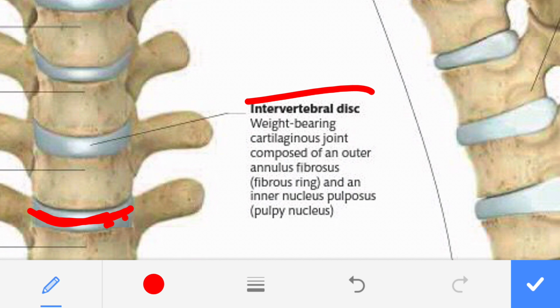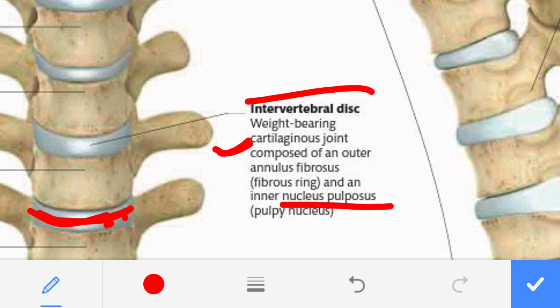Why is it able to bear the weights? Because the outer part is made up of cartilage, that is fibrocartilage, and the inner part is known as the nucleus pulposus.